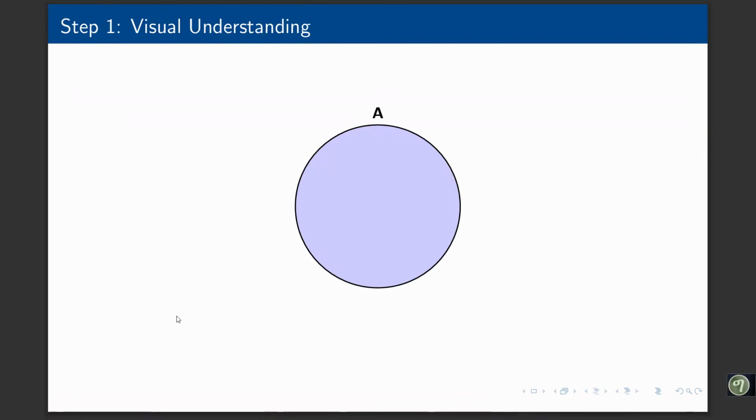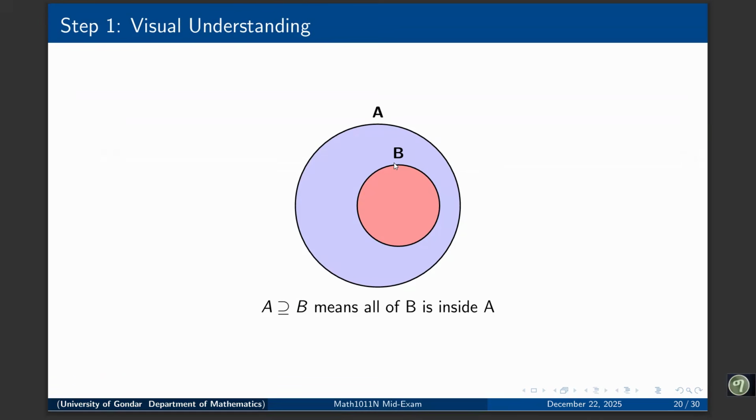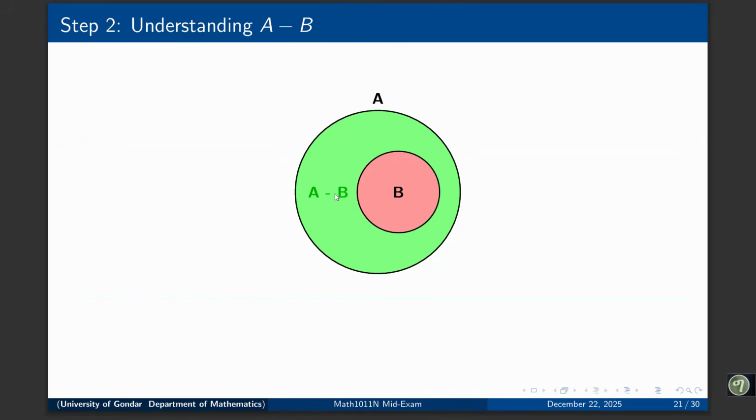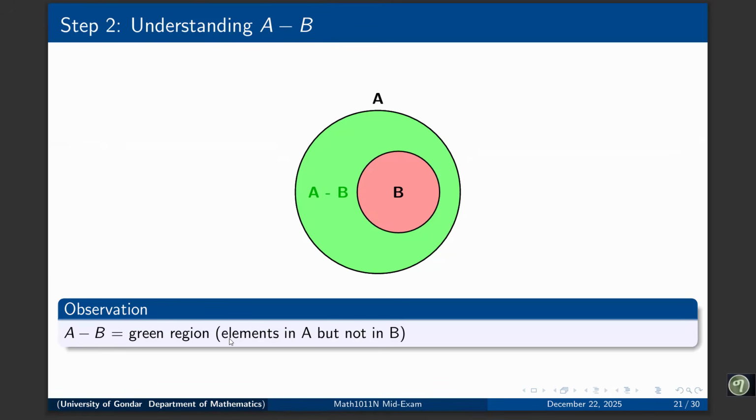Using the pictorial representation, or Venn diagram, this one is set A, the circle containing the elements of set A. We know that B is a subset of A, or A includes B, so B must be within the larger set A. Therefore, these two circles satisfy the condition A includes B, meaning B is included inside of A. Then this green region is the difference between the two sets, that is A minus B. These are elements in A but not in B, just between these two circles.